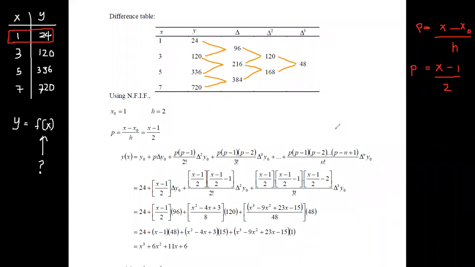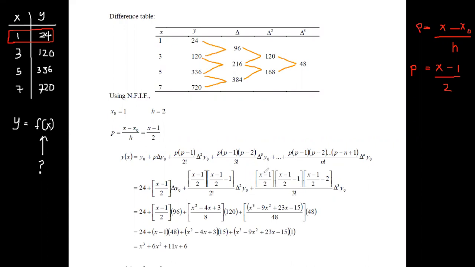The value of p was identified as x minus 1 divided by 2. Then this part would be x minus 1 divided by 2. And the next part, p minus 1, can be written as x minus 1 divided by 2 minus 1. Then this has to be divided by 2 factorial, then multiplied with the second difference of y.